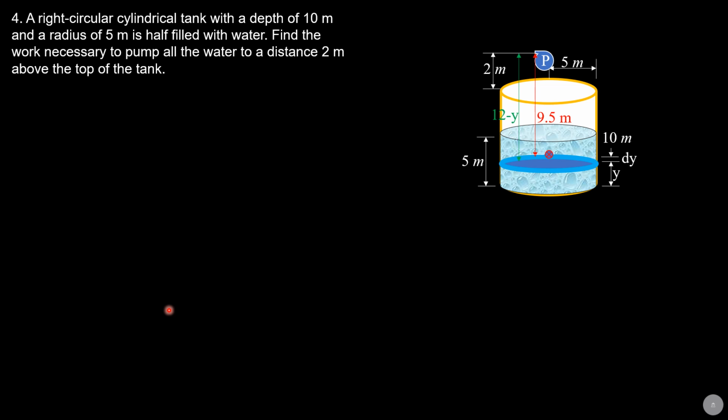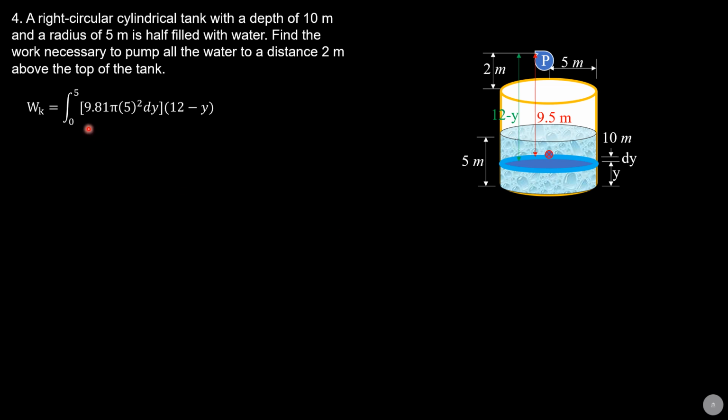So integral from 0 to 5 of differential weight, specific weight of water 9.81 times differential volume pi times 5 squared dy, and distance to the point of disposal 12 minus y. So work is integral 0 to 5, 9.81 pi 5 squared dy times 12 minus y.